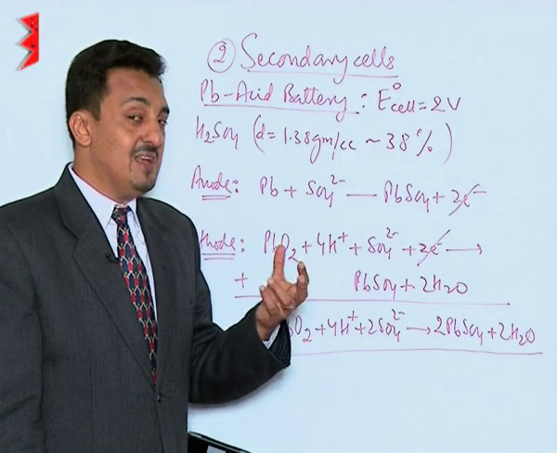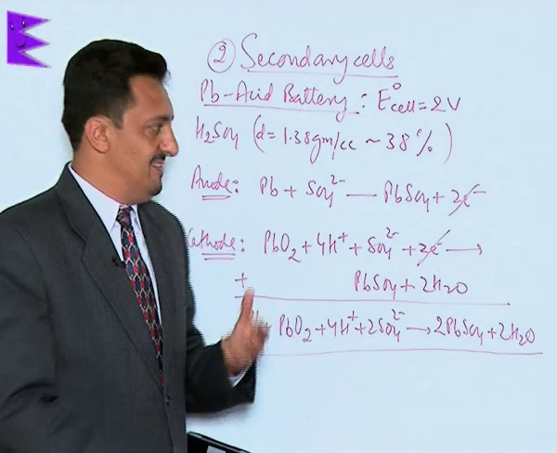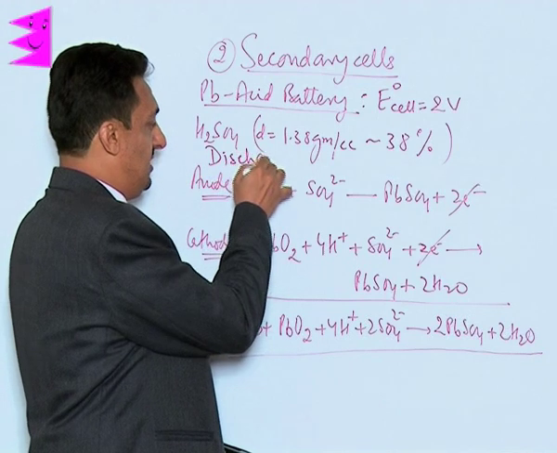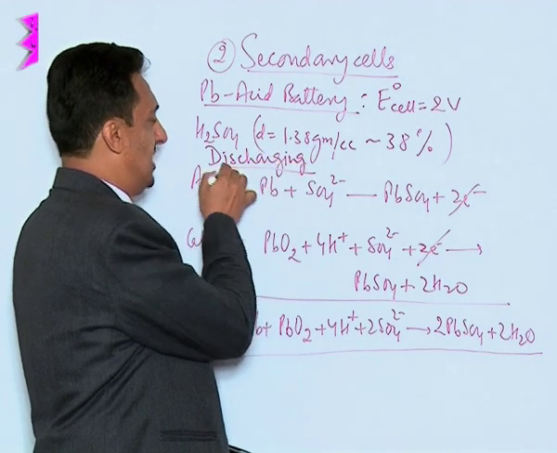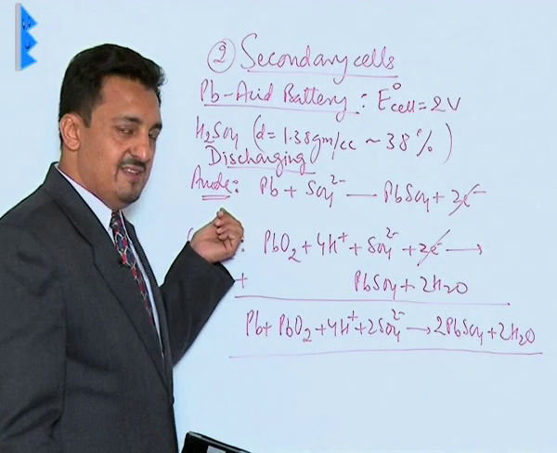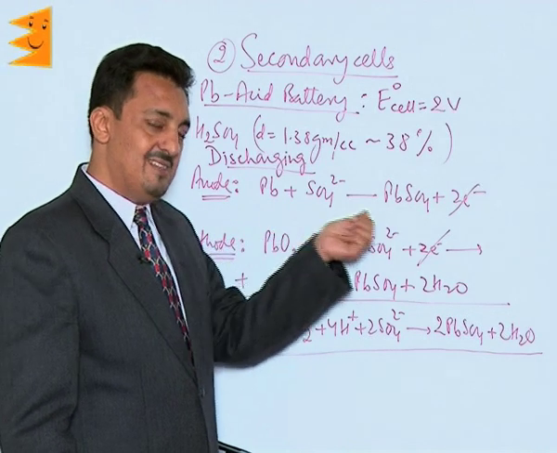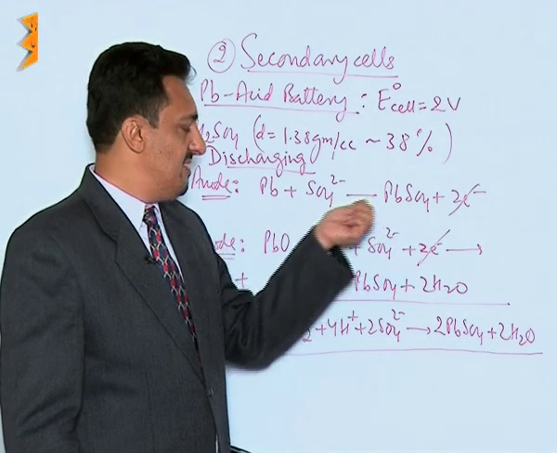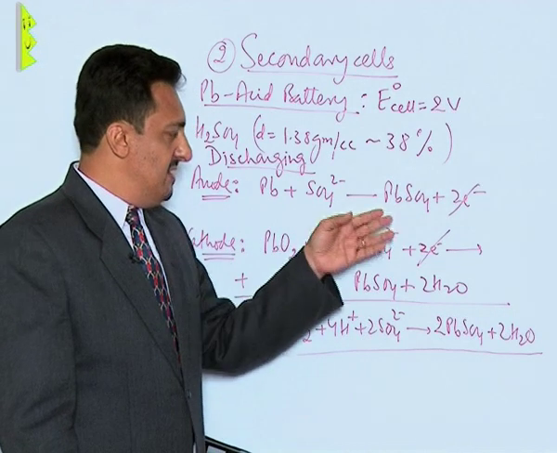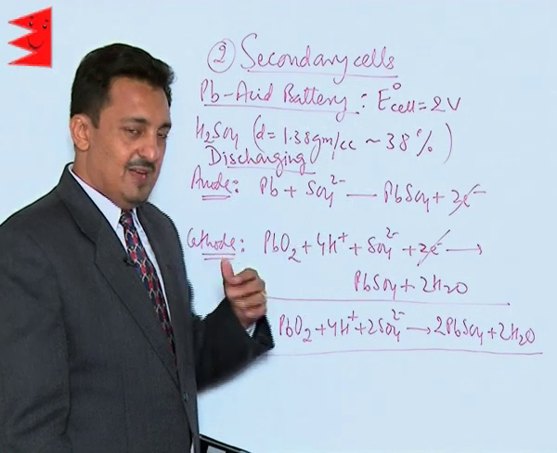Now what happens during use, during discharging? This is the reaction which happens when we are using it. At the anode, lead combines with sulfate and forms lead sulfate, getting oxidized and releasing 2 electrons. These electrons then come back to the cathode.